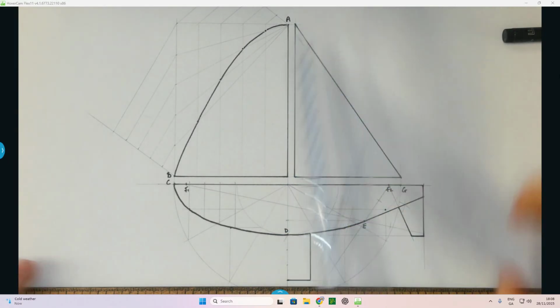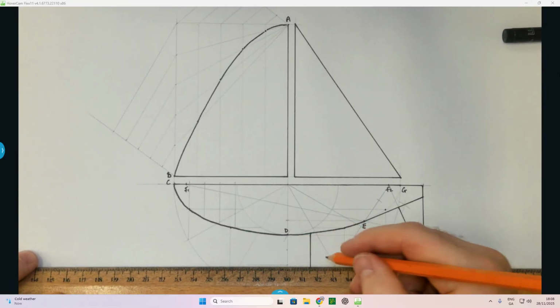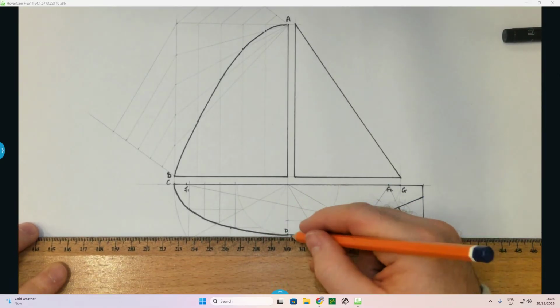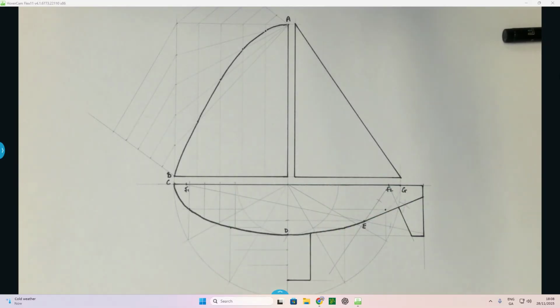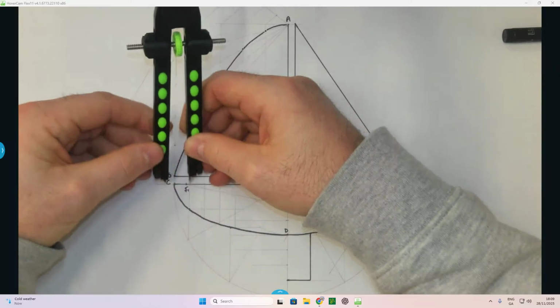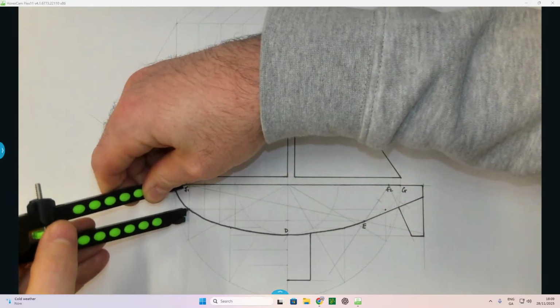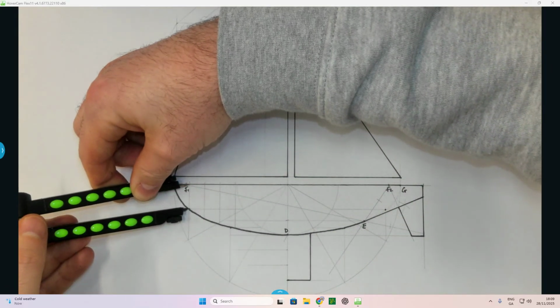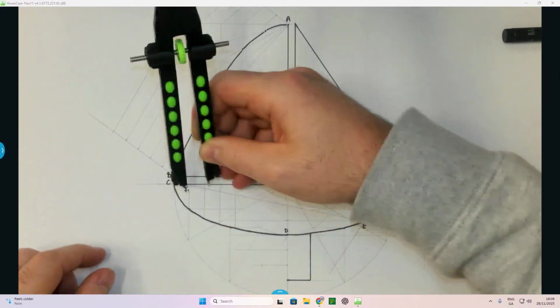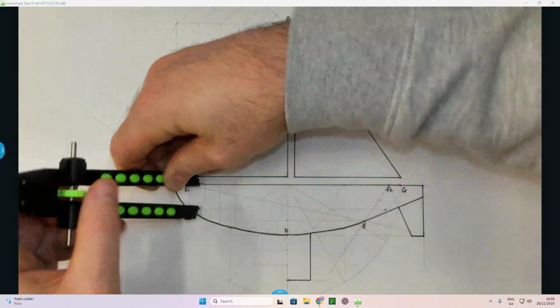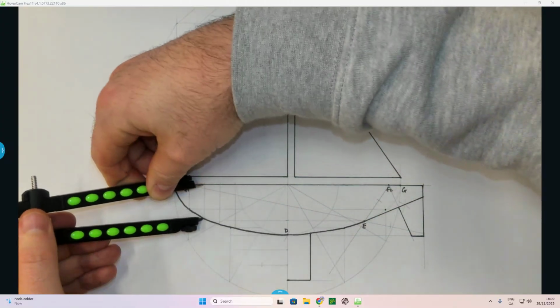Here's the 40. Now from the 10, do a line out. From the 20, do a line out. From the 30, do a line out. And 40. And what I'll do is I'll take the same distances. I'm going to take the distance from here to the point on the curve, that little distance there, that's at the first 10. I'm going to mark it out. Now I'm going to take the distance from the 20 to where it cuts the curve right there.